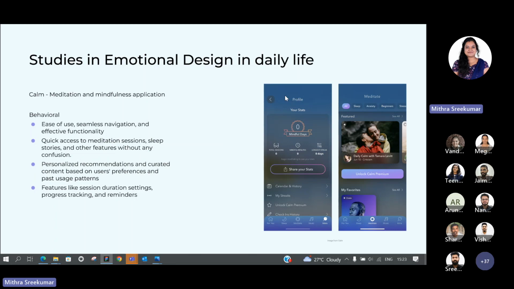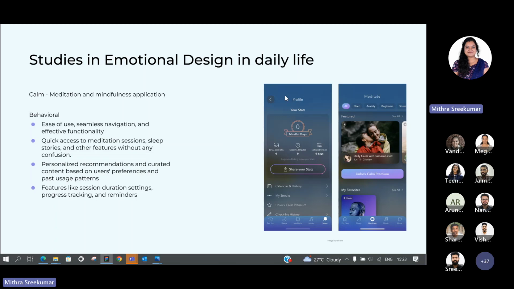And also the functionality basics: the more required things are easily accessible here, like sleep, meditation, and these are all arranged at the bottom, as you can see.